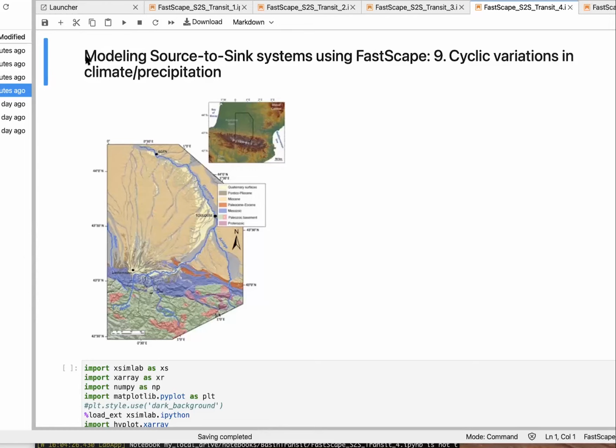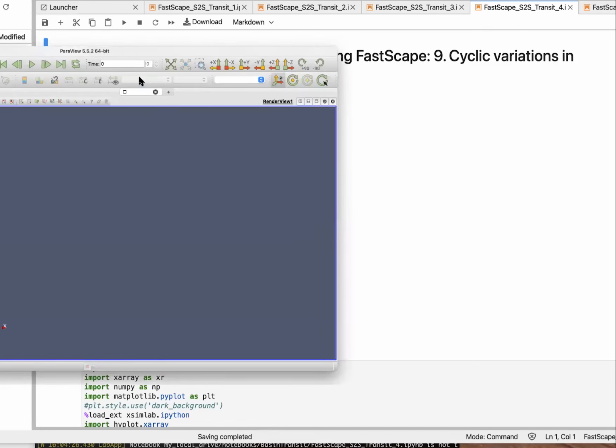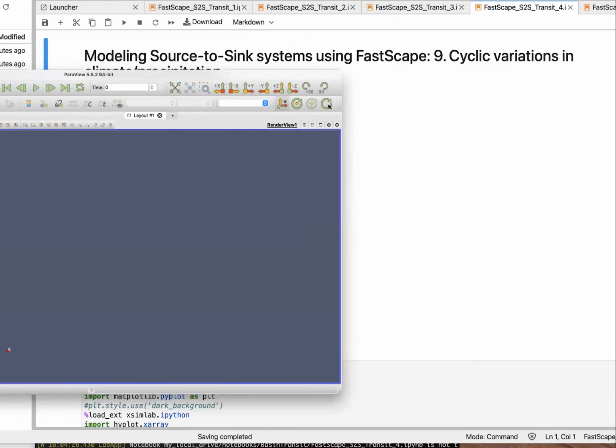So here is ParaView. Great for you. Otherwise, definitely install it. It works on Mac, PC, and Linux. It's totally platform compatible. You can just type ParaView download on Google and you'll get it. It's free and it's a 3D viewer.